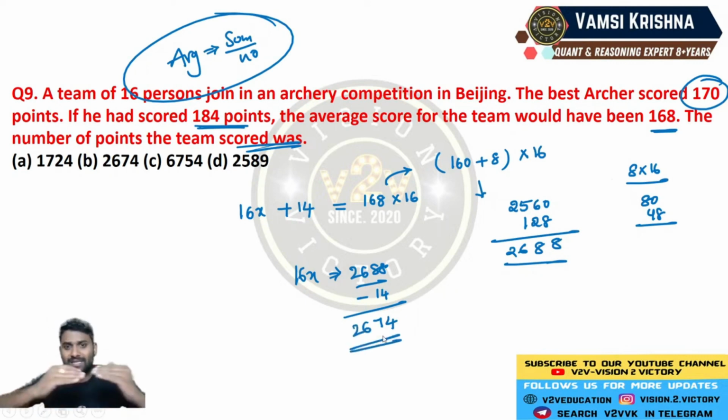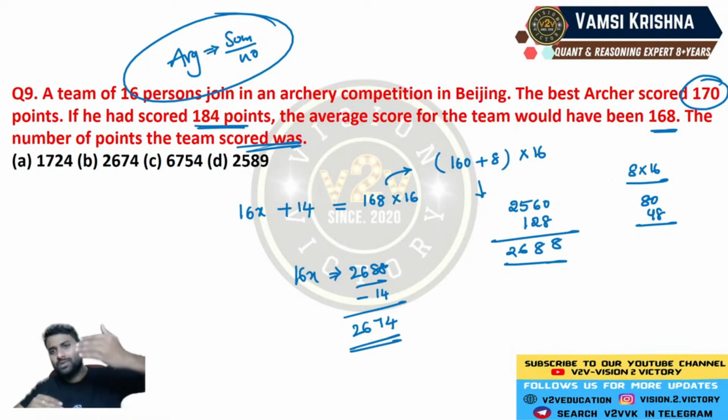Because you should understand that if we get 14 points more, then the whole score should be 2688. So that is one of the cases. But according to the information, one of the archers scored 170 points. So based on that only you have to choose your option. So your answer should be 2674. Don't choose 2688. Why? Because if it increases by 14, then the overall average of the team should be 168. So you should compare in that way.